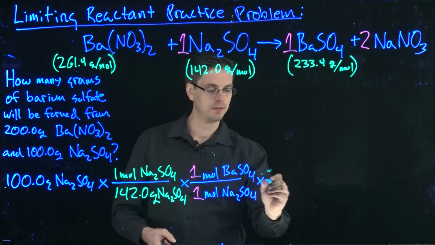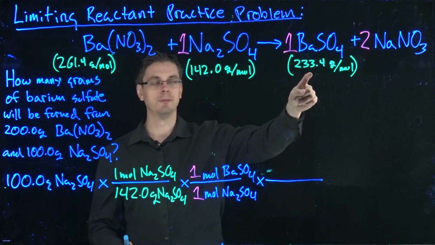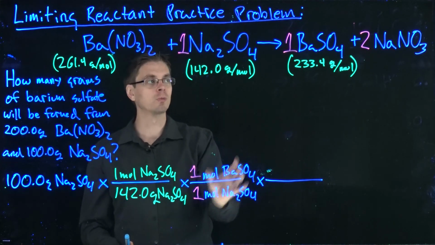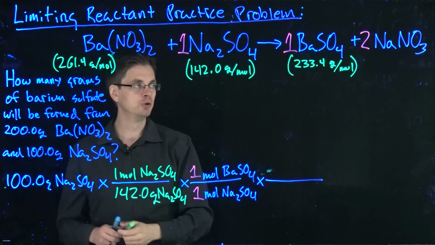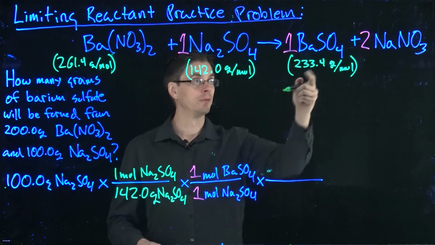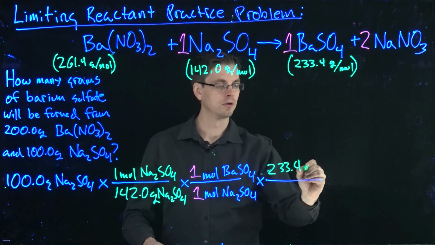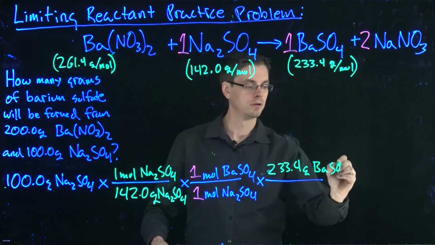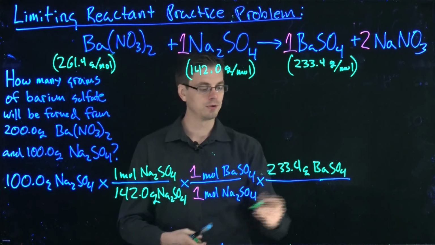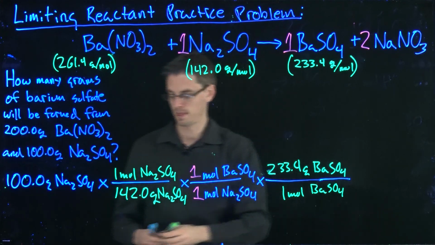Now, as a final step, we want to determine how much product we are going to make. Right now we have moles of product that's formed. We're going to convert it all the way over to grams of product by multiplying by the molar mass of barium sulfate, which is 233.4 grams barium sulfate for every 1 mole of barium sulfate.